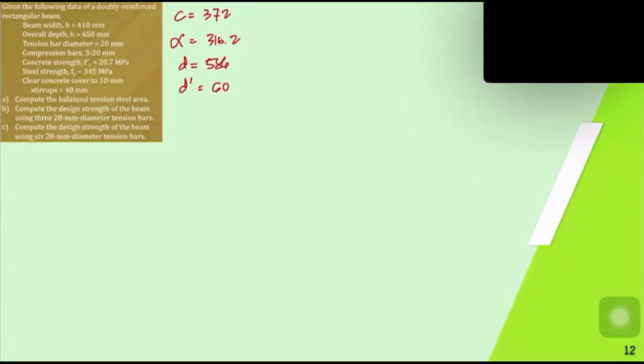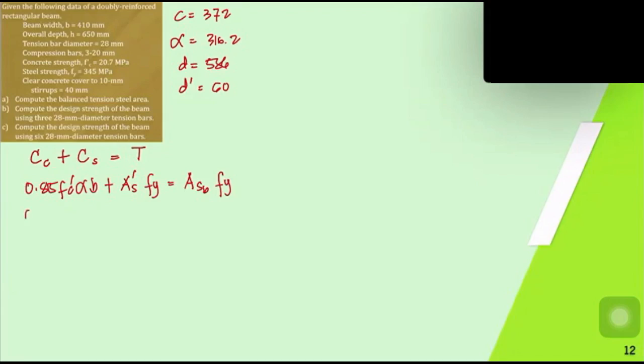So we can now equate the three: compression due to concrete plus compression due to steel is equal to T. So 0.85 FC prime alpha B plus AS prime Fy, since it still yields, equals AS balance times Fy.